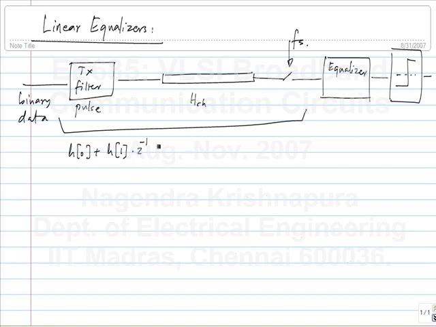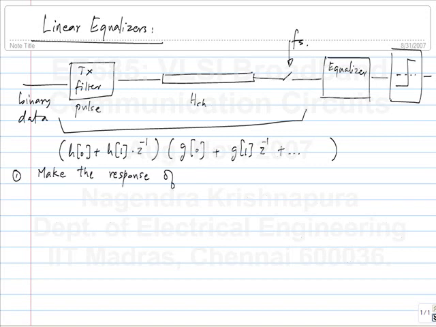This can be equalized by another FIR filter, and it can have more taps if necessary. And we saw that as we increase the number of taps, the residual ISI can be reduced. And the first strategy was to make the response of the channel plus equalizer equal to 1 and 0s as much as possible.